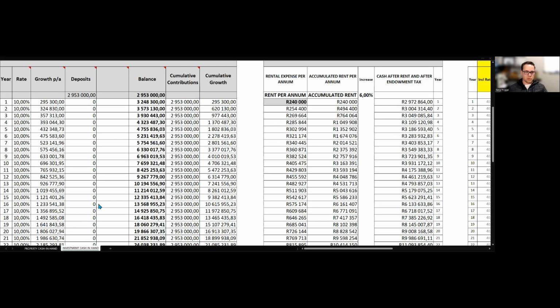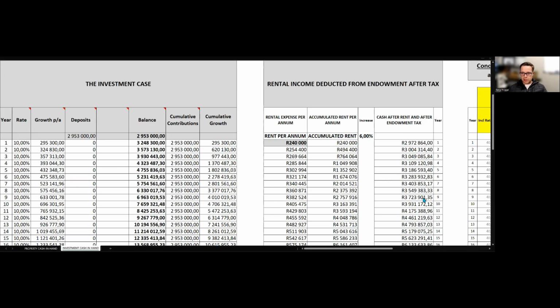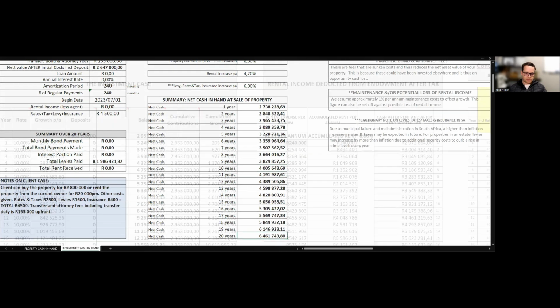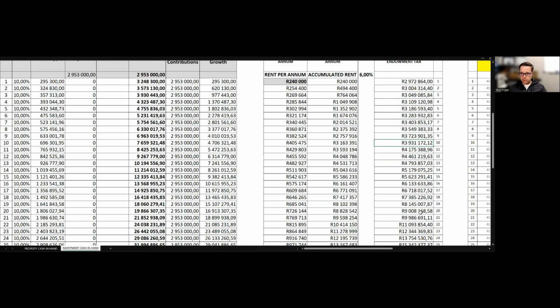Okay, in this scenario, the property becomes a better option over 10 years. So 3.9 million, you've got 4 million. After 20 years, you've got 6.4 million, versus 9 million. So the investment does much better after the 10-year period.